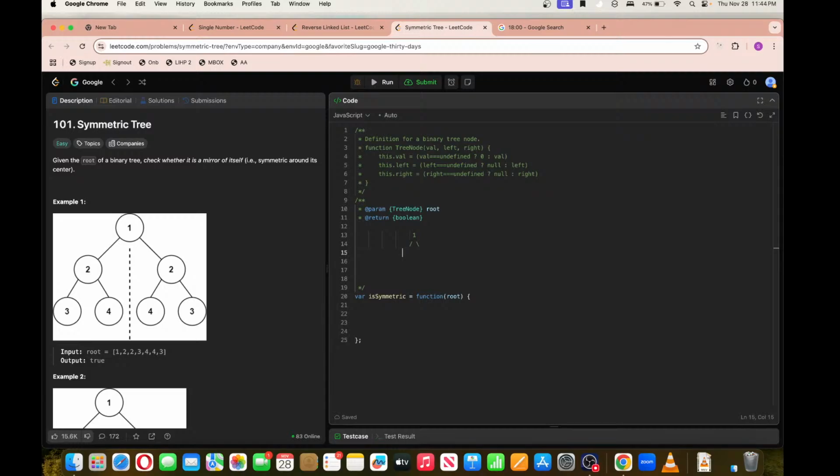So these two should be the same, and so if this is A and this is B, then symmetry around the center means this should be B and this should be A.